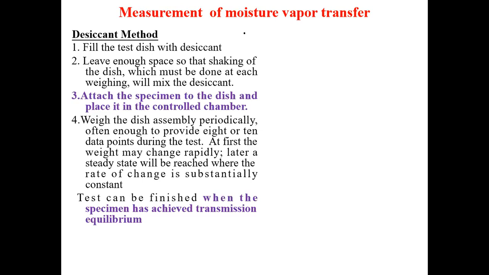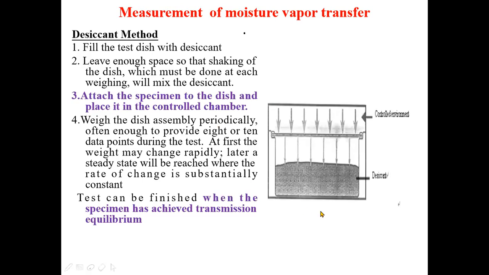The test will be finished when the specimen has achieved transmission equilibrium. So this is the schematic diagram representing the measurement process. This is the desiccant. This is the cup. Using this cup, the desiccant is placed, and at the mouth of the cup is the specimen.